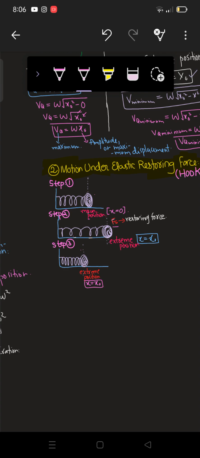Now it would be very easy for us to understand the formulas which we are going to derive.